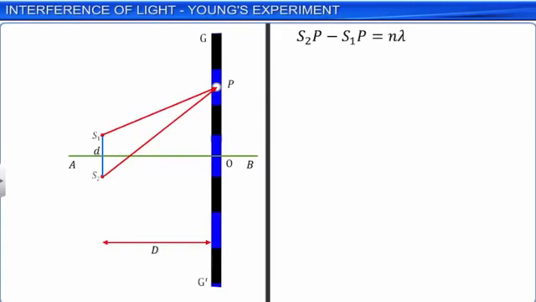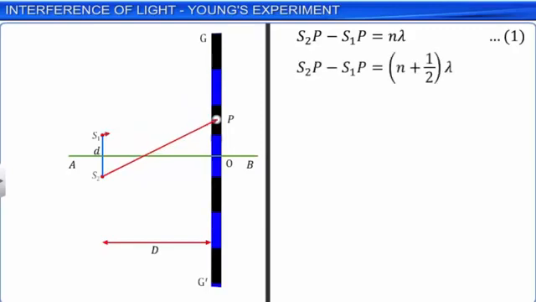Let this be equation 1. On the other hand, if P corresponds to an interference minima, the path difference S2P minus S1P is equal to n plus half into lambda. Let this be equation 2. Here, lambda is the wavelength of the light waves and n is an integer.